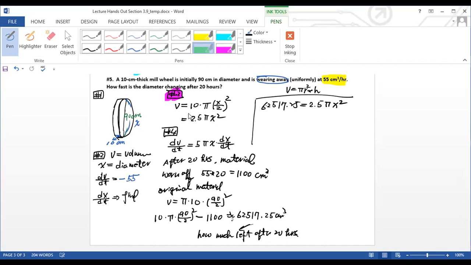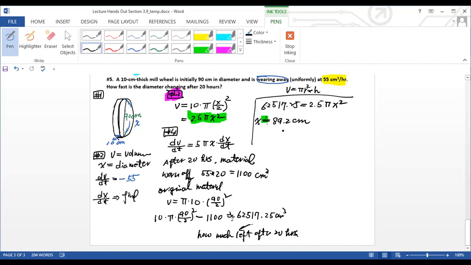From here I can find x, which is approximately 89.2 centimeters. So that means after 20 hours, x has dropped to 89.2 centimeters.